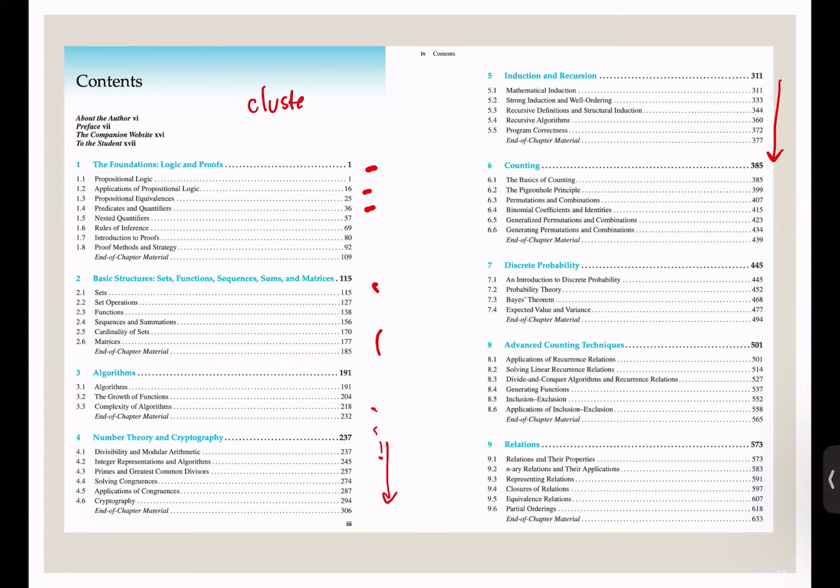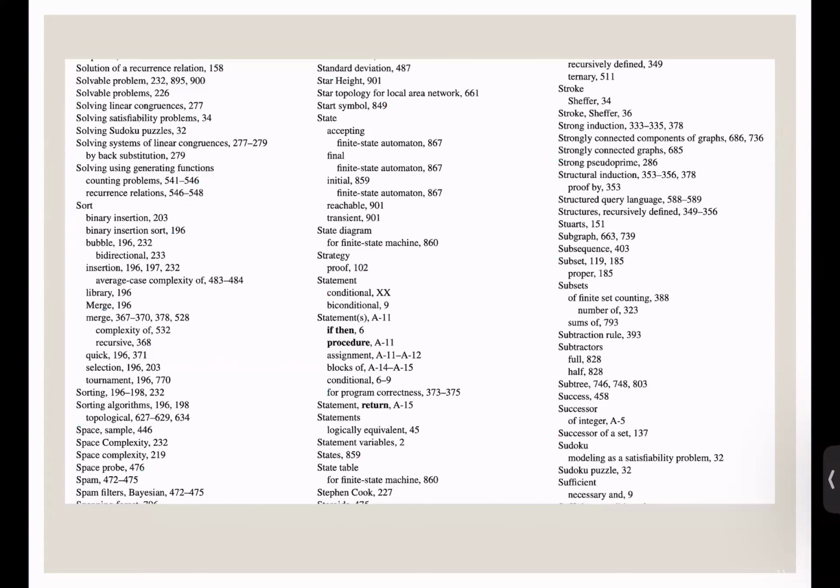This is a clustered index. Now, what about this one? Is it clustered or unclustered? This one is sorted based on the keywords, right? Let's say you look at merge sort.